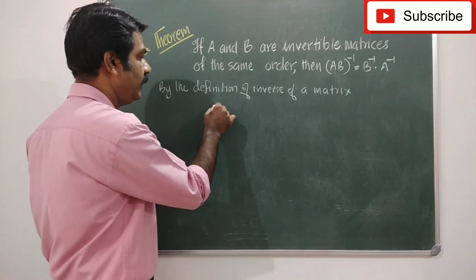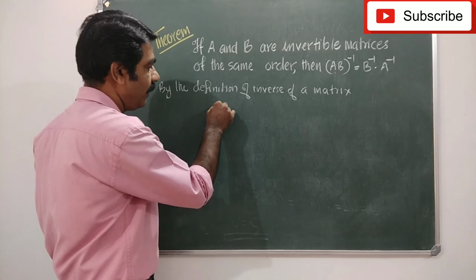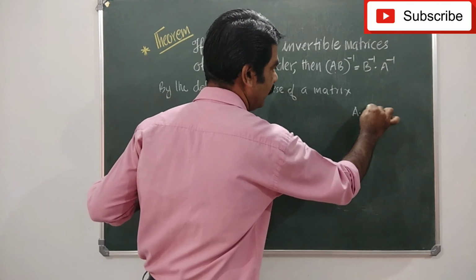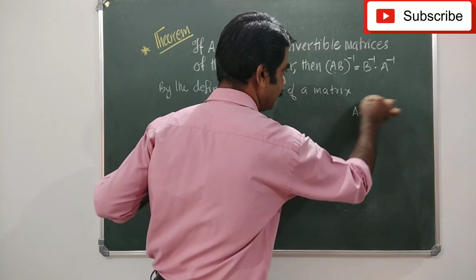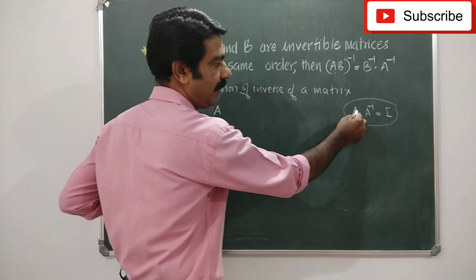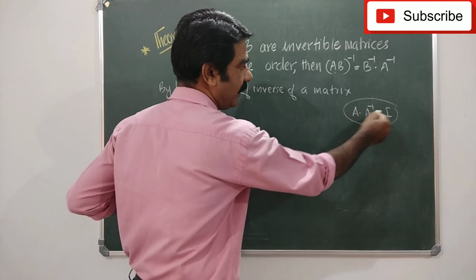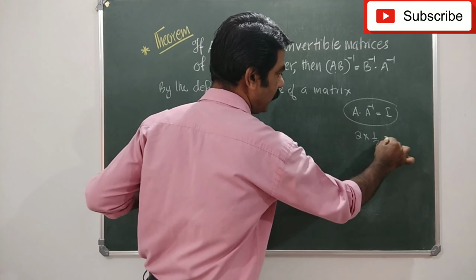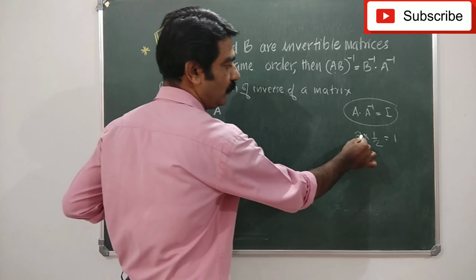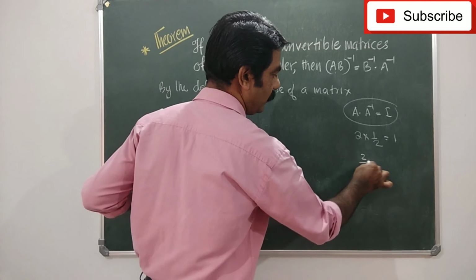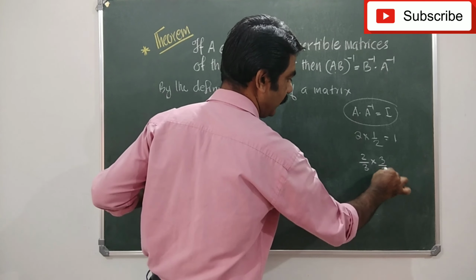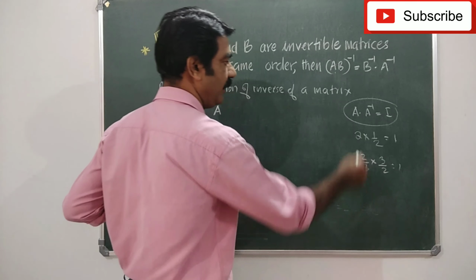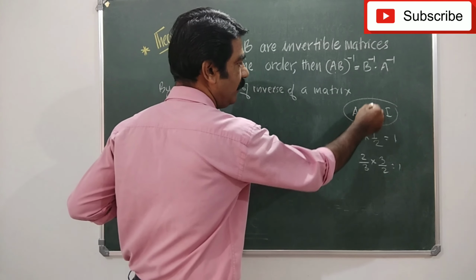If you multiply a matrix with its inverse, the answer is always I. For example, 2 into 1 by 2 is equal to 1. In the case of numbers, 2 by 3 into 3 by 2 is equal to 1. If you multiply a number with its inverse, it is 1. Similarly, a matrix multiplied with its inverse gives I.